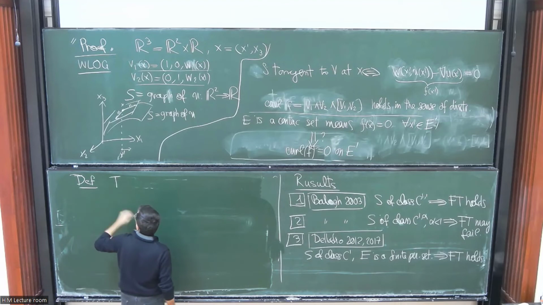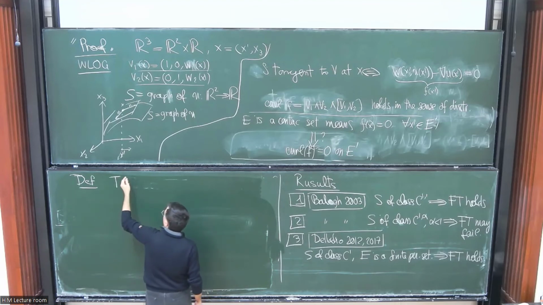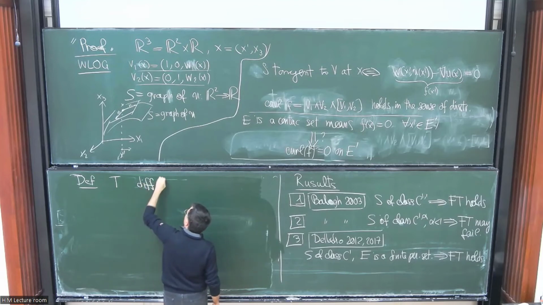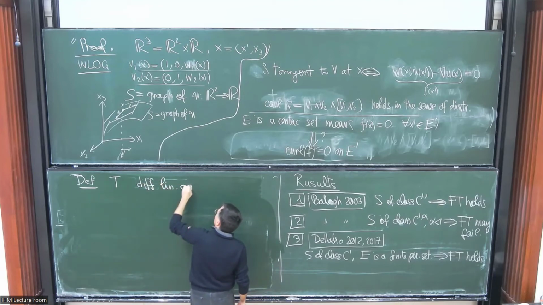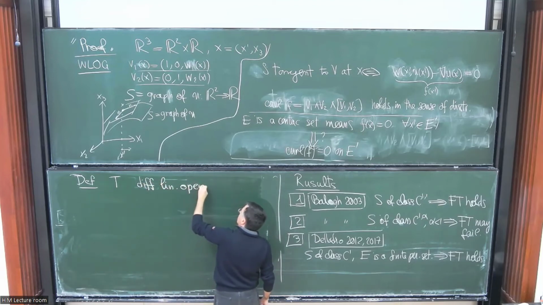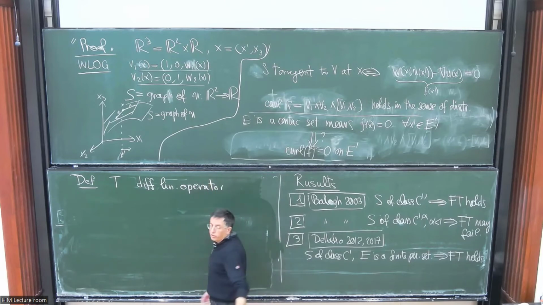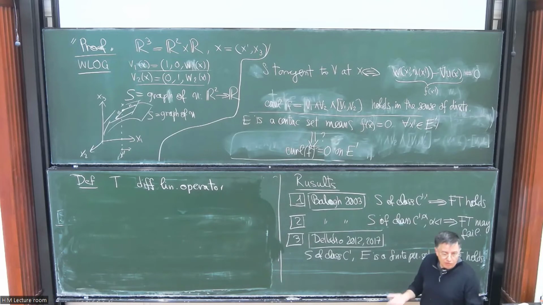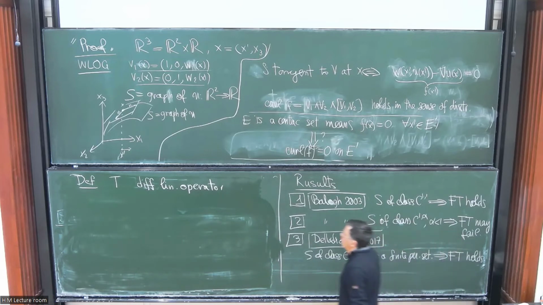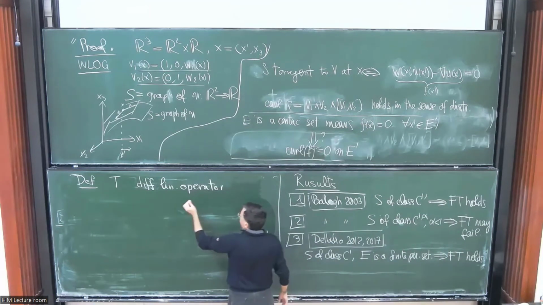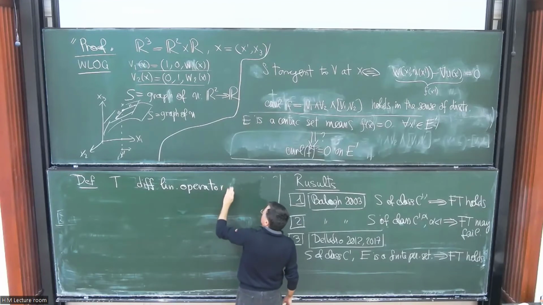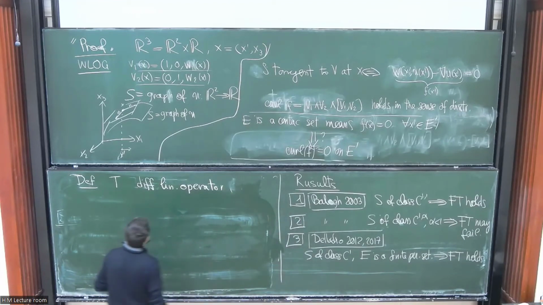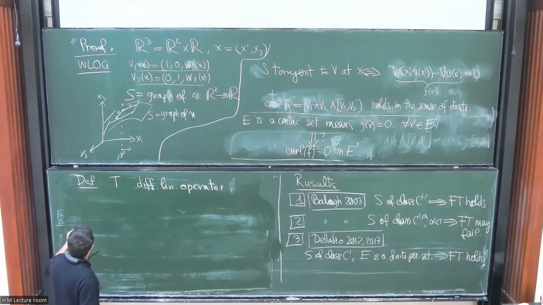Definition. So let T be a linear differential operator. Constant coefficients, I mean, we're talking about the curl, okay? So if you like, first order constant coefficient, but it doesn't really matter, at least for the definition.